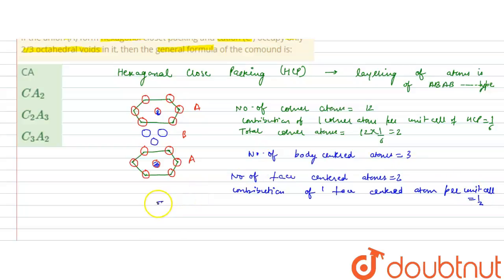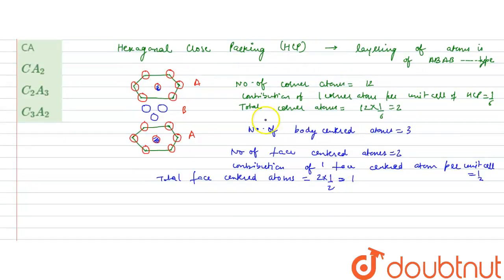So total face centered atoms would be 2 into 1 by 2, so that will give us 1. It means in a unit cell of HCP, the total number of atoms is 2 plus 3 plus 1, that is 6. So the total atoms in an HCP unit cell will be 6.